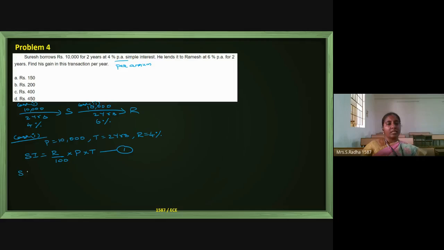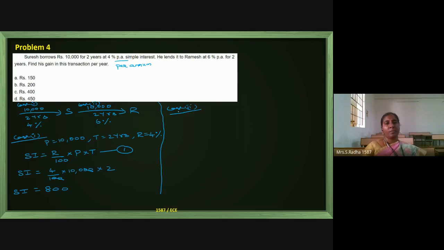We are calculating simple interest, and R is 4 divided by 100, principal amount 10,000, time is 2 years. Cancelling 2 zeros, it becomes 8 into 100, which is 800. Suresh has to pay back 800 rupees as simple interest along with the principal amount.